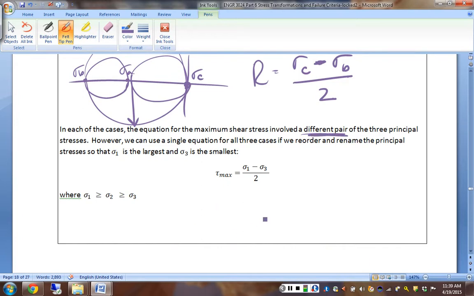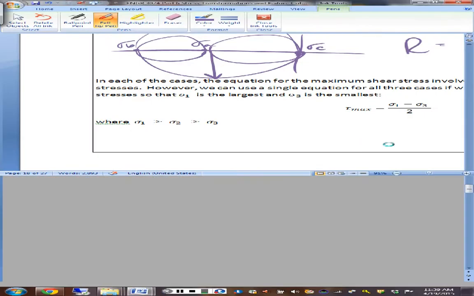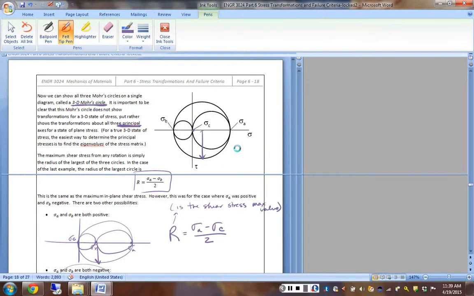What we can do instead is reorder and rename the principal stresses in order. And this is where the sigma 1, 2, 3 scheme comes in.